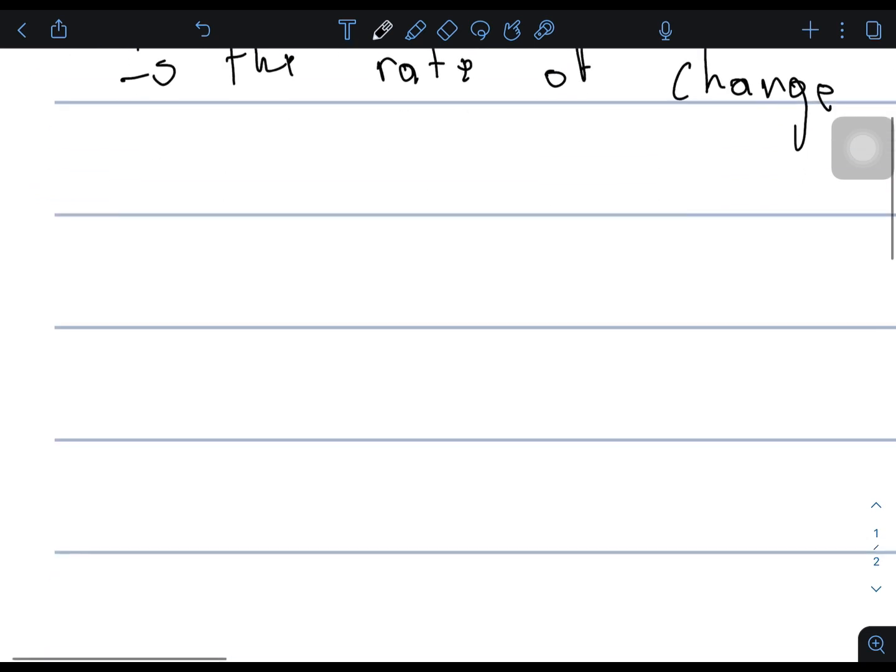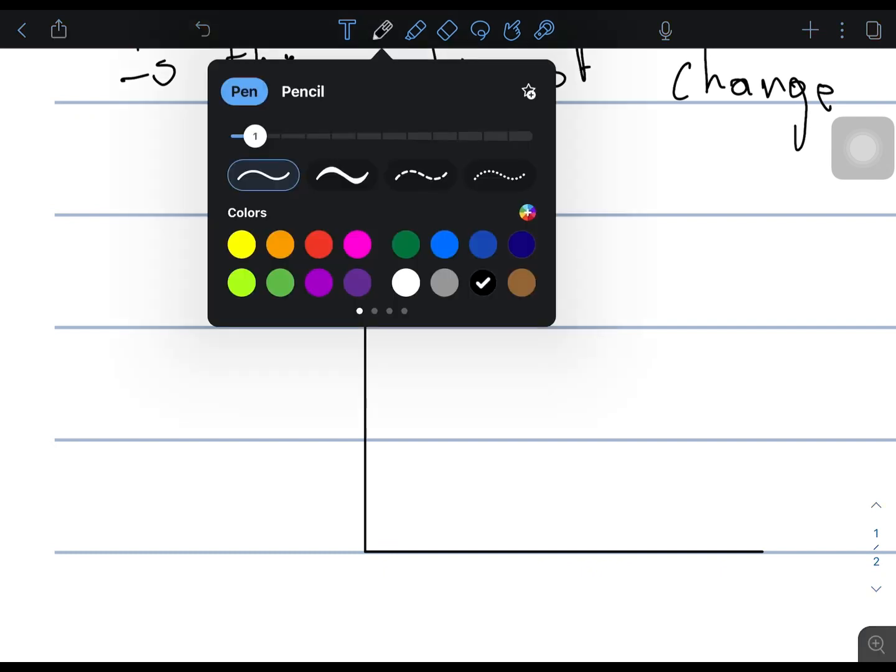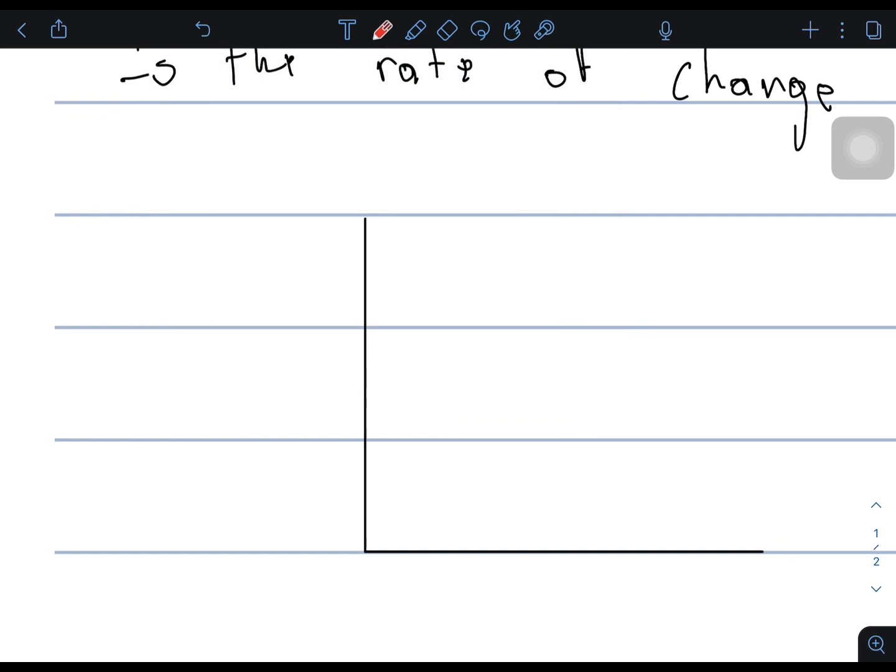Let's say I have two graphs. This is graph A, a straight line graph.